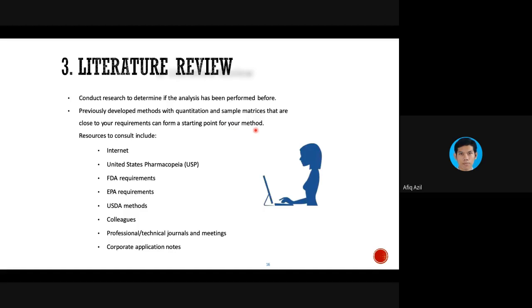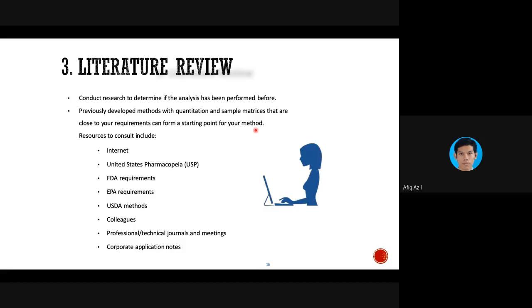So sometimes, if you want to find a method, you may not find anything that fully suits you 100%. Sometimes you have to take 3 methods and then combine them together so that it can be used to do your kind of testing.